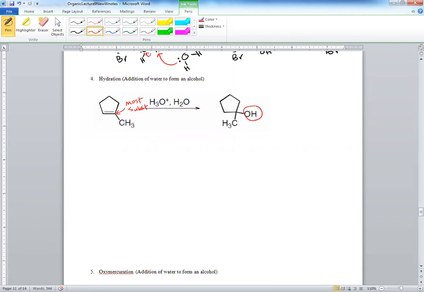Now, before we begin, you may get these reagents written differently. They may be written sometimes like this: H2O and H2SO4. So if you recall, H2SO4 is a strong acid.